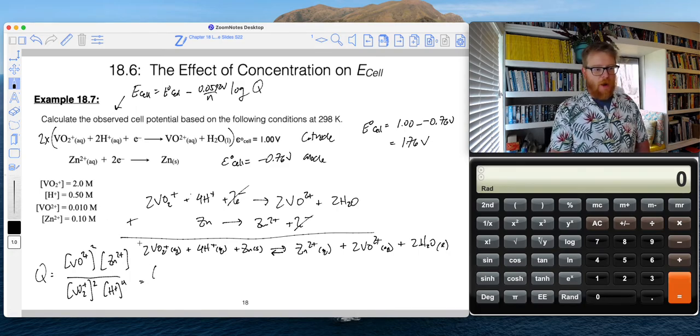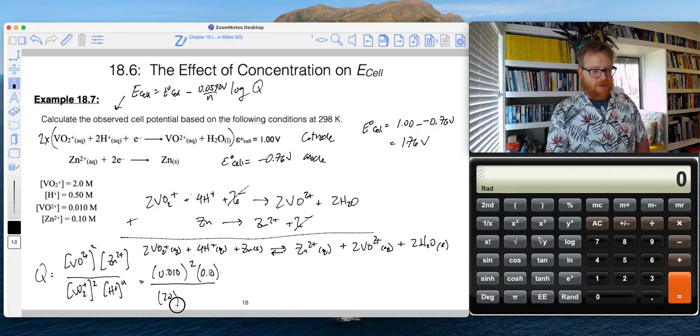Okay, here we go. So the 0.010 times, and that's all squared, okay, times the zinc, which is the 0.10. And then now that's all divided by VO2 plus, so that's vanadium 5 oxide. So that's 2.0 all squared.